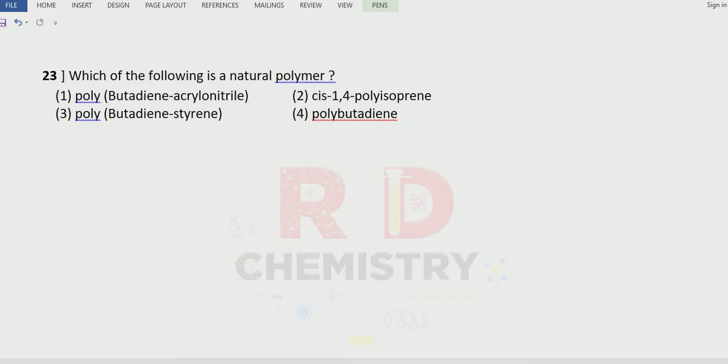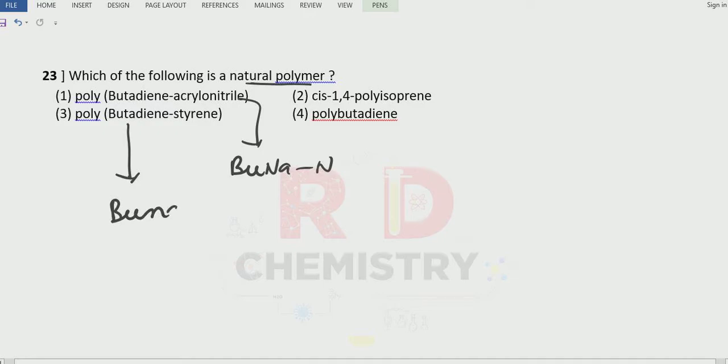Question number 23. Which of the following is a natural polymer? First option, polybutadiene acrylonitrile. This is a Buna N actually, which is a synthetic rubber. Next one, butadiene styrene is a Buna S. This is also synthetic rubber.